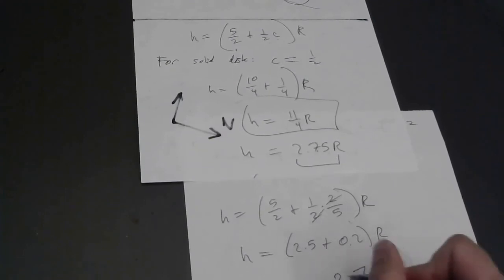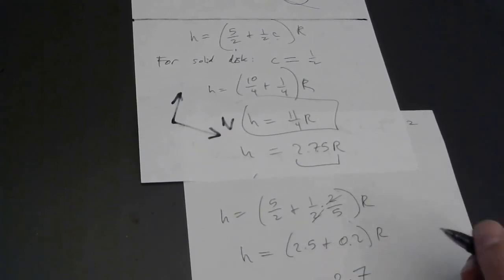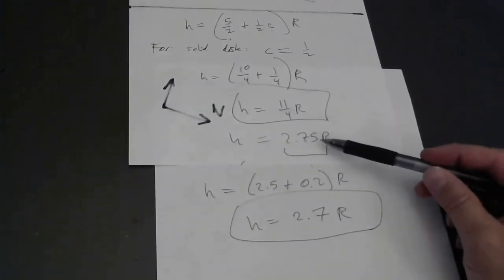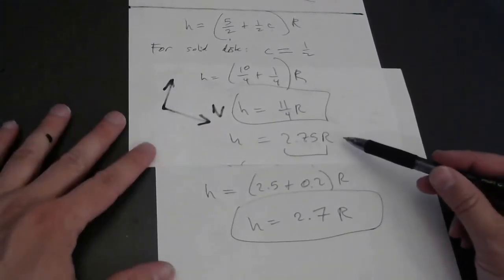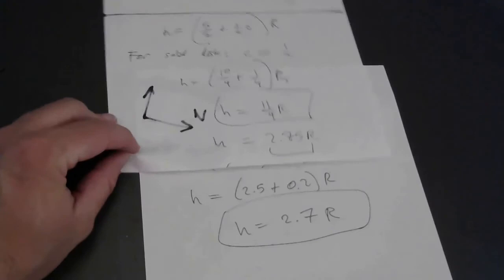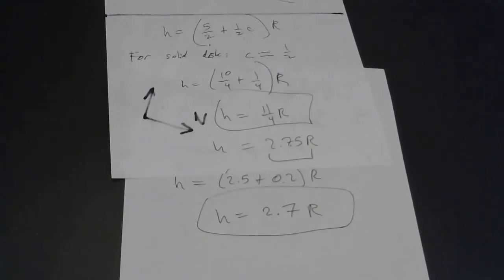So 2.5 plus 0.2 times r, 2.7, if you want to write it as a decimal. That's not quite as high as the result for a disk. Hey, maybe that'll show up on Jeopardy, or you can impress your friends at a party. That would literally never happen.